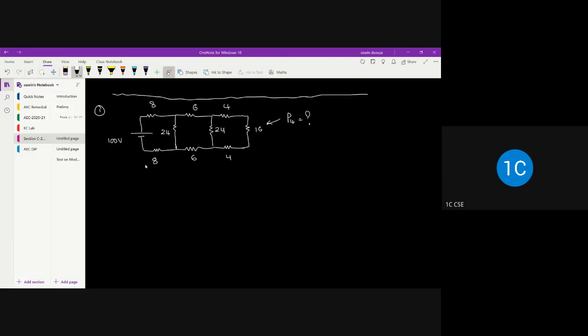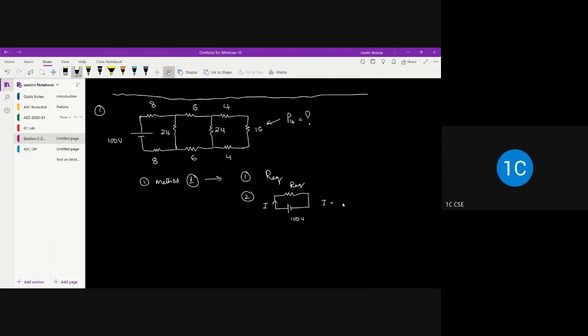In method 1, in the first step you try to find R equivalent, that is the equivalent resistance of the whole network, so that you reduce the network to this form. You'll have a single battery and a single resistance, and this will be your current.